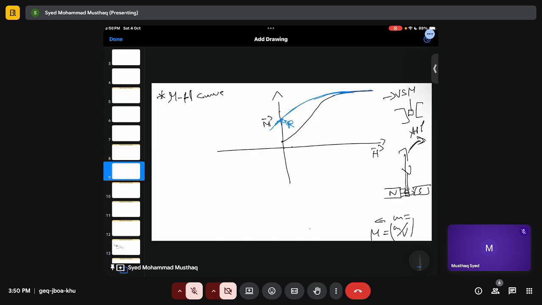Okay, and M will reach a value 0, and this is your Hc. Hc is nothing but the coercivity. That means the magnetic field that is required to make your ferromagnetic material reach an M value 0.